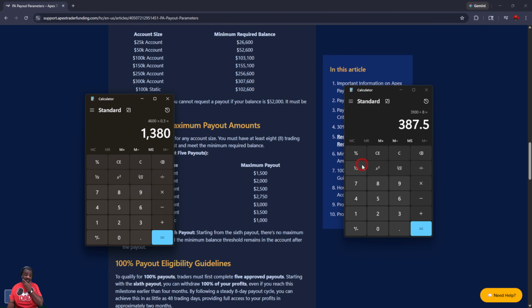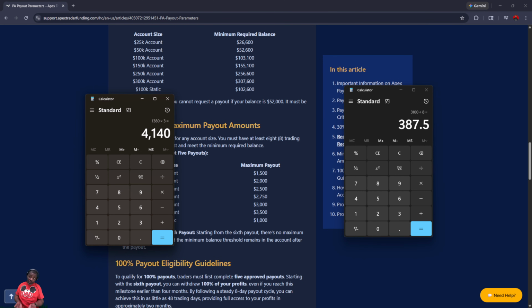If 1380 is your biggest day, 4,600 divided by 1380, if you hit that for 3 days, 1380 times 3, now you're $500 away from your threshold, but you still got to trade for 5 more days.